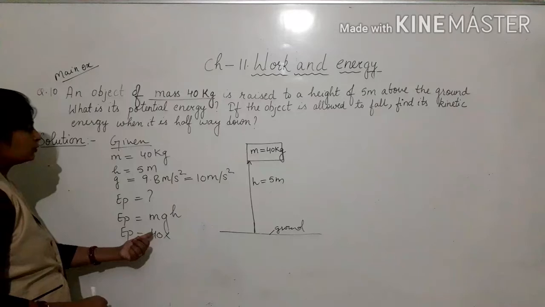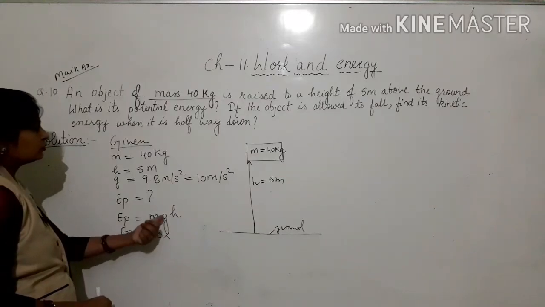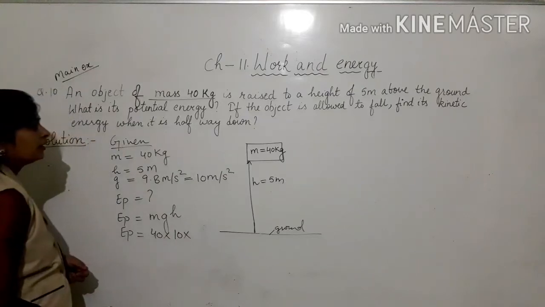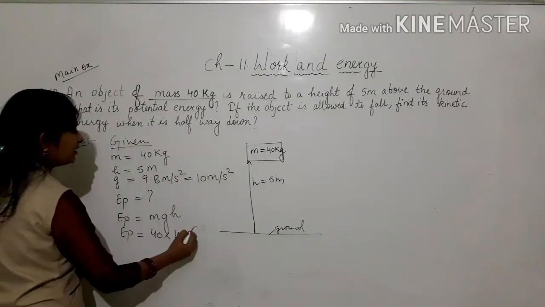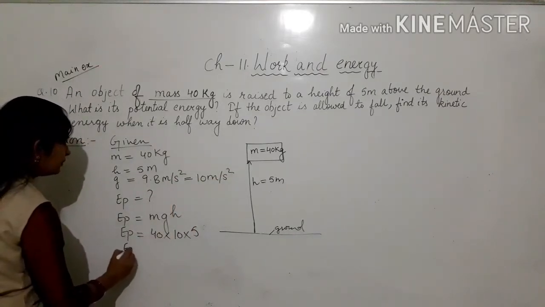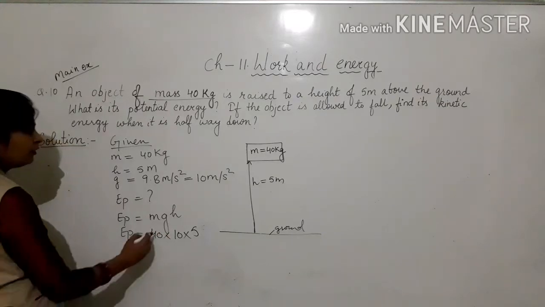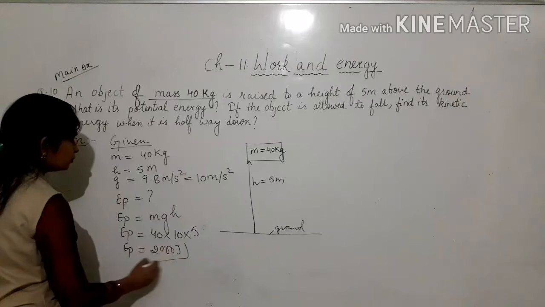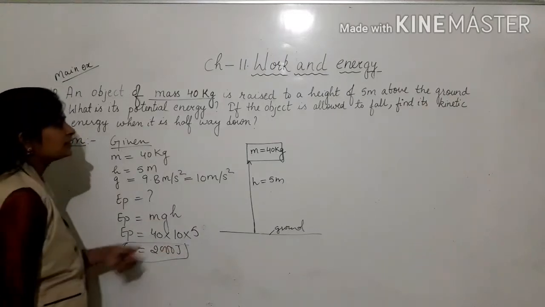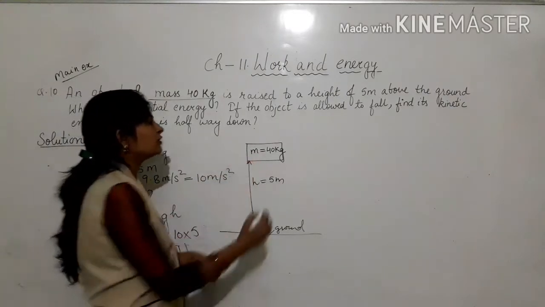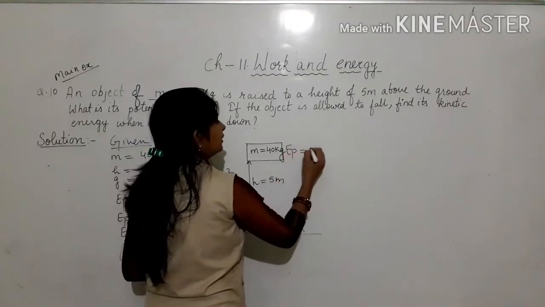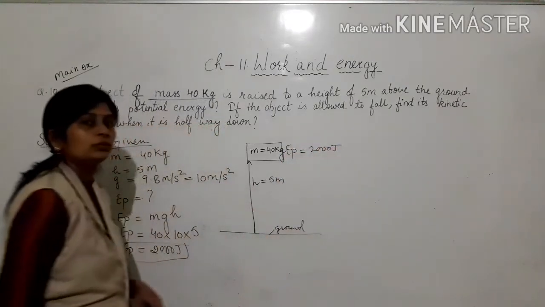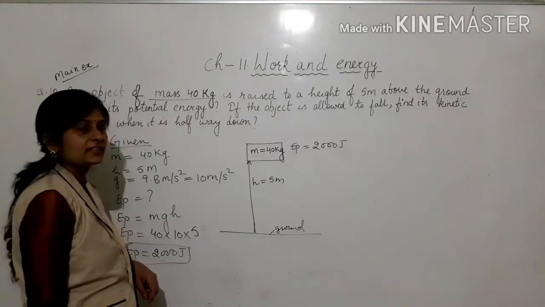So EP is equal to m, that is 40 kg, into g, that is 10 meter per second square, into h, height 5 meter. So EP is equal to 40 into 10, 400 into 5, it is 2000 joules. So what is the potential energy of this object at this height? It is 2000 joules.